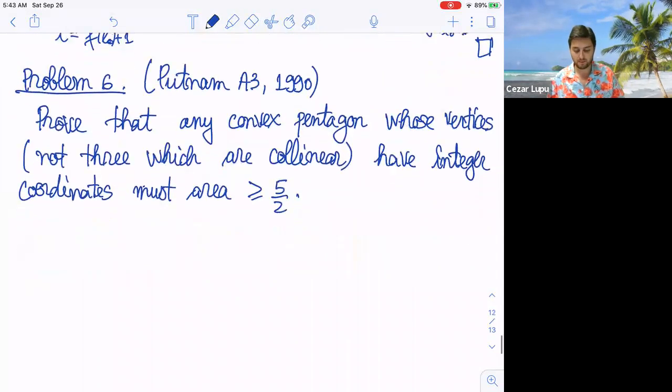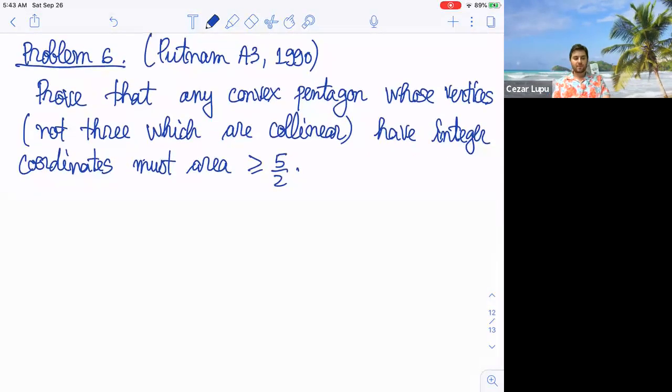So that's the problem. This is the Putnam problem A3 from 1990. It's a very beautiful problem, I would say.